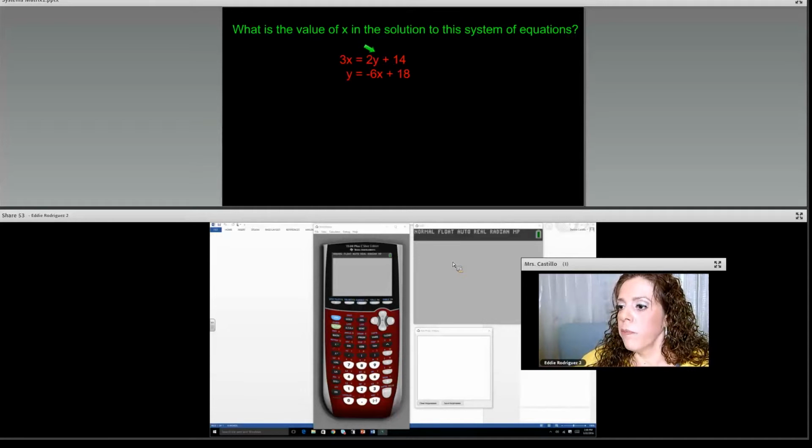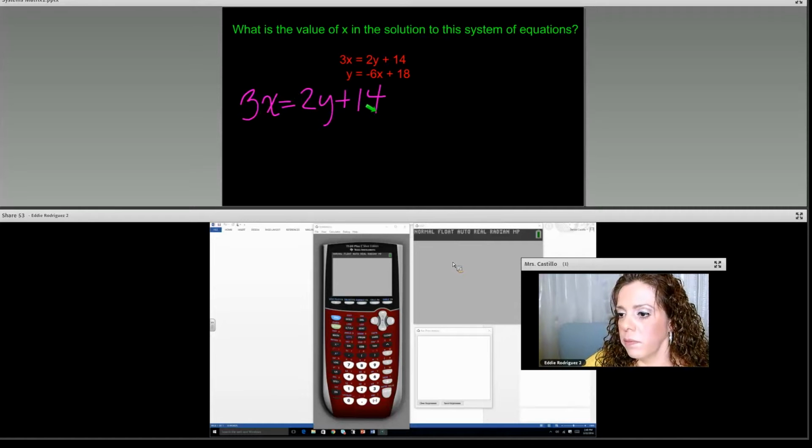So we have 3x equals 2y plus 14. We just need to move our 2y, and since we're crossing the equal sign, don't forget to change your sign. So instead of having a positive 2y, we're going to subtract 2y.